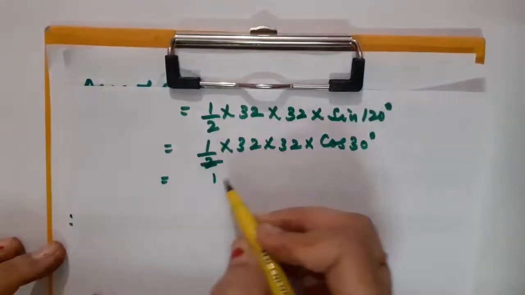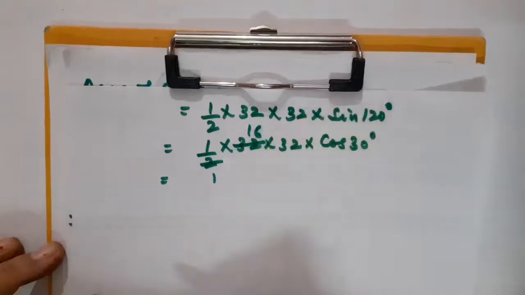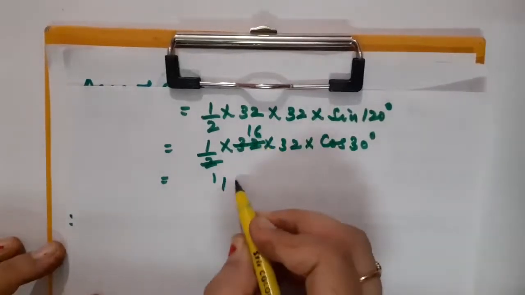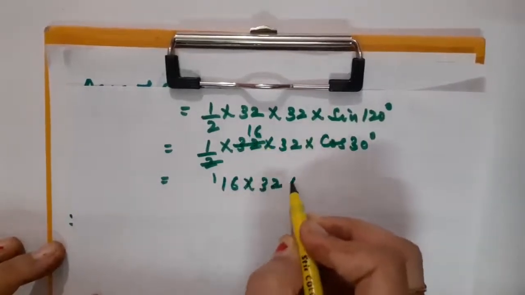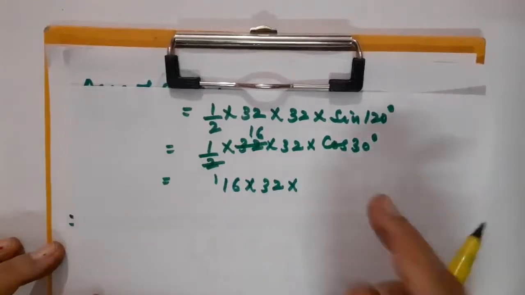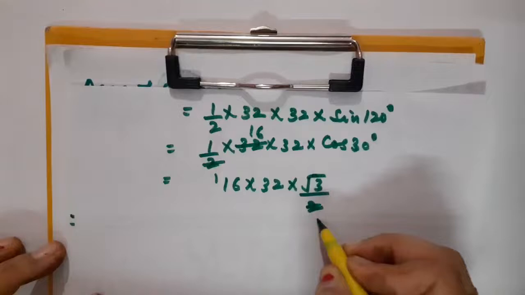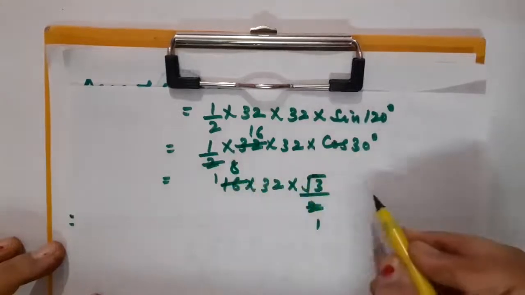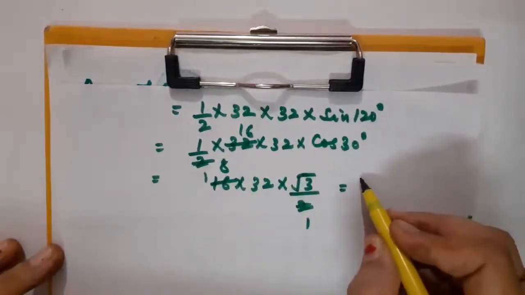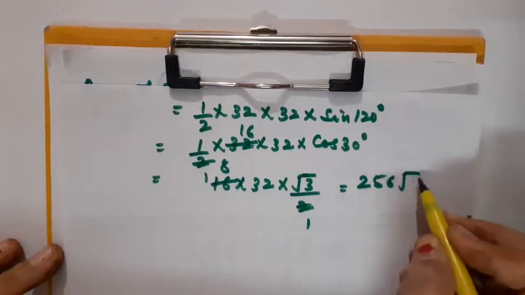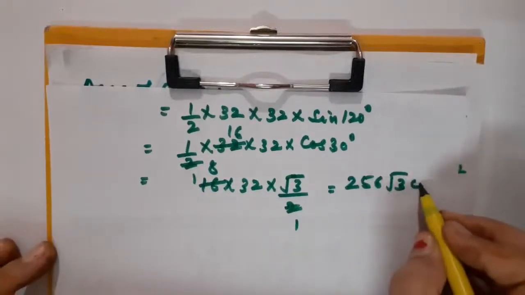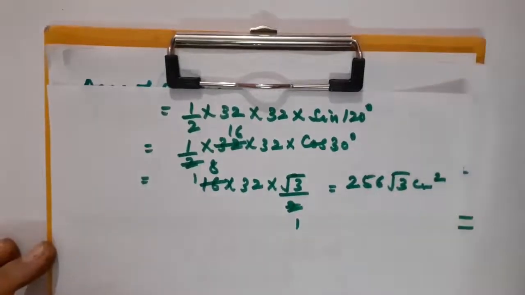Correct? So this is 2 1s are 2, 2 16s are 32. So you will be getting 16 into 32 into, put the value of cos 30 degree, that is √3/2. Again it is going to be cancelled. So I have got 256 √3. Again the area will be in square unit.